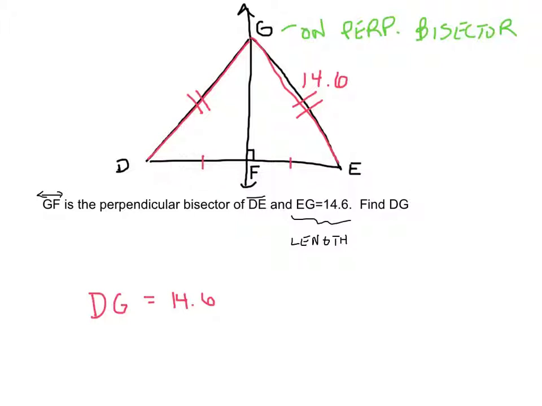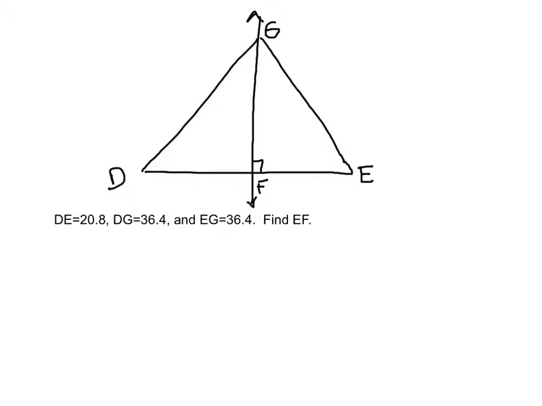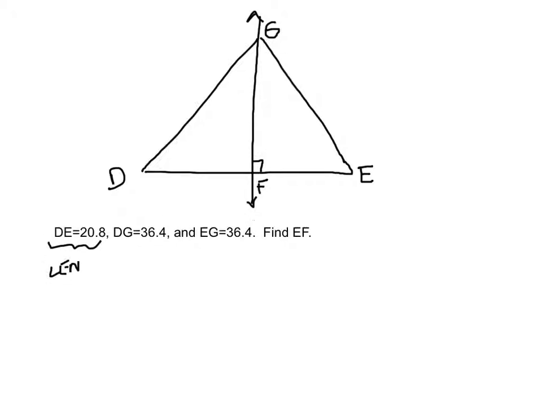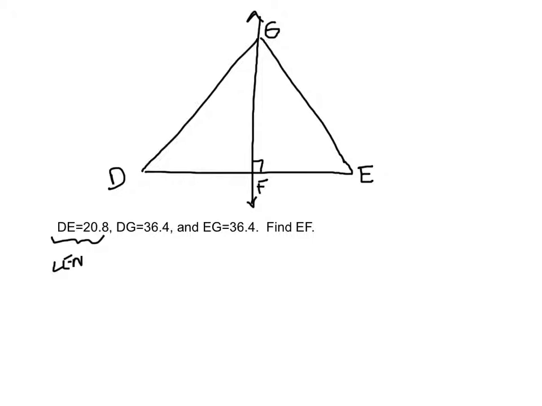Let's flip it now, and maybe we'll use the converse, I believe. Our new example here tells us that DE, remember that we do not have a bar over DE, means the length of DE, same with the length of DG and the length of EG. So we want to find the length of EF. First things first, let's go ahead and label our diagram.